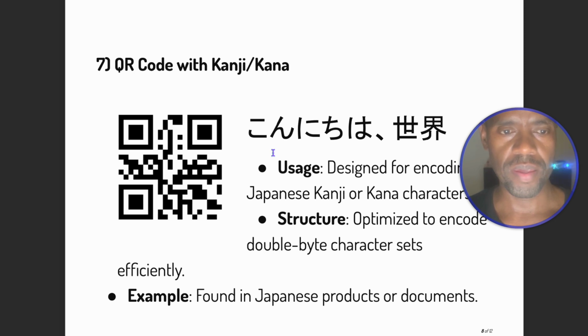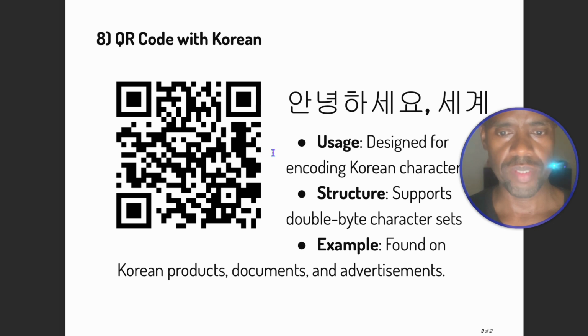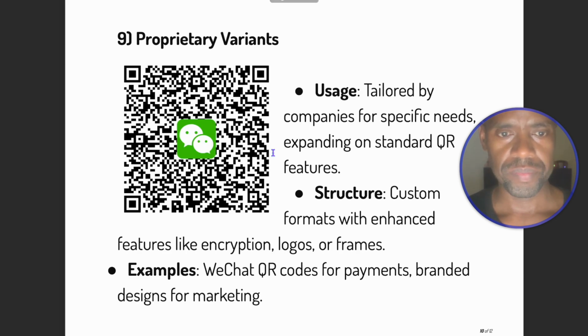And QR code with kanji and kana, like this konnichiwa sekai, encoding like konnichiwa sekai in Japanese, or if you want to encode something like annyeonghaseyo segye in Korean.